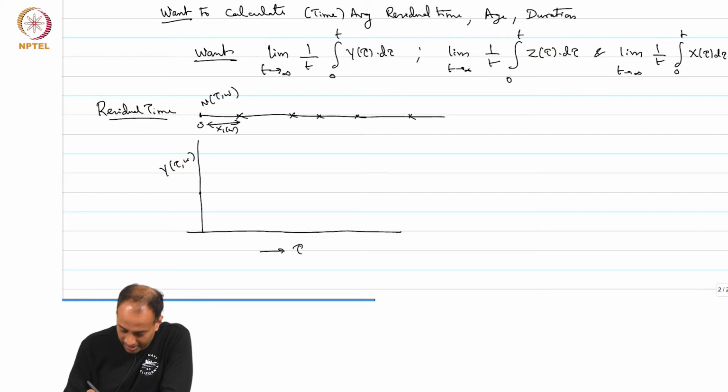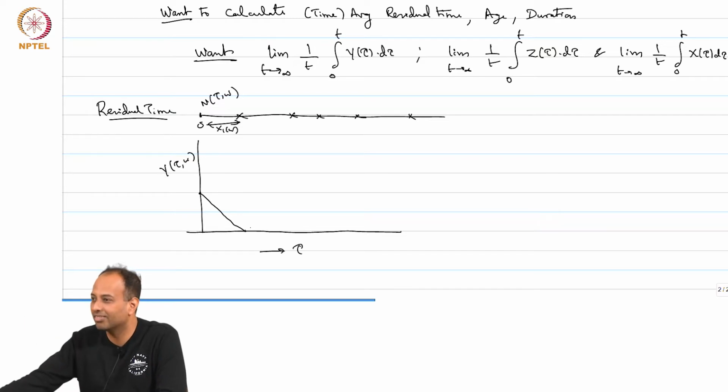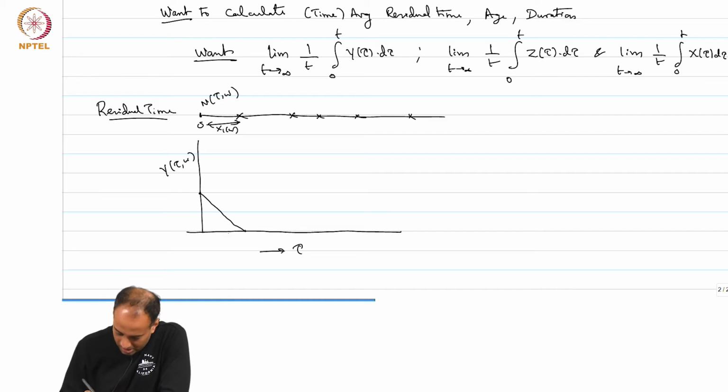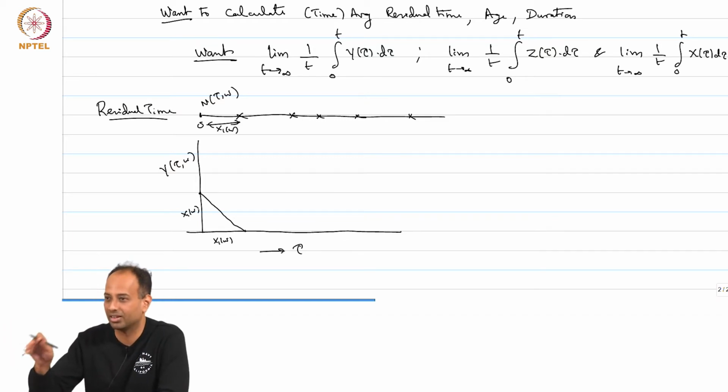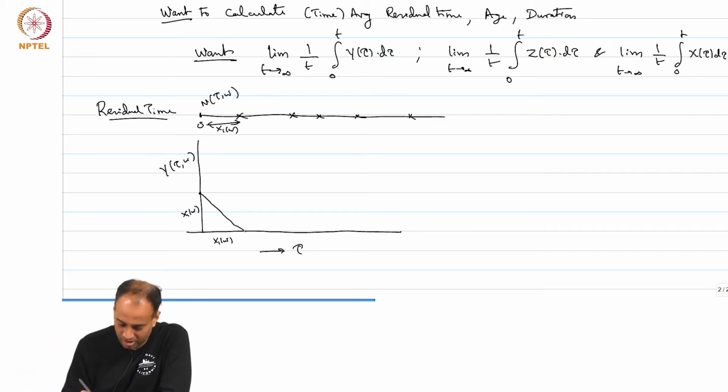So, here it is equal to x1 of omega, and then at the first arrival it goes to 0 and it goes down like this linearly, correct. So, this is x1 omega and this is also x1 omega, this isosceles triangle, right, and then again it goes to 0 here.